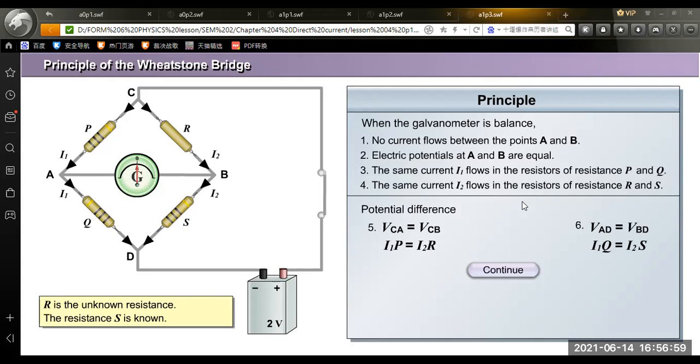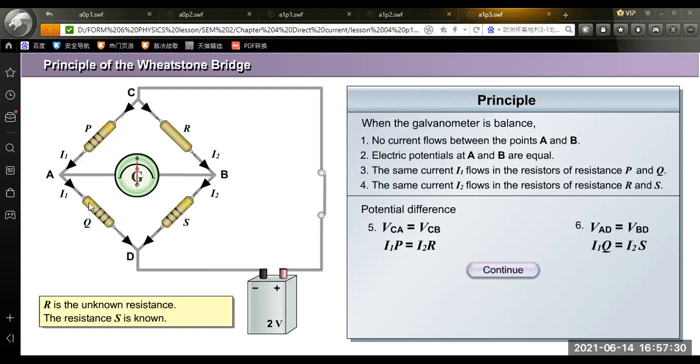Because the potential of A is equal to the potential of B. That means no potential difference occurs. The same current I1 flows in the resistors of resistance P and Q. The same current I2 flows in the resistors of resistance R and S.